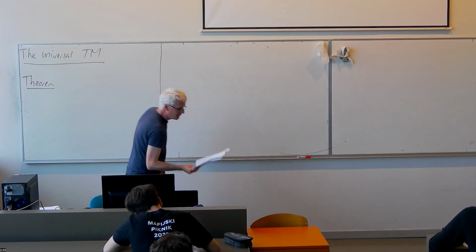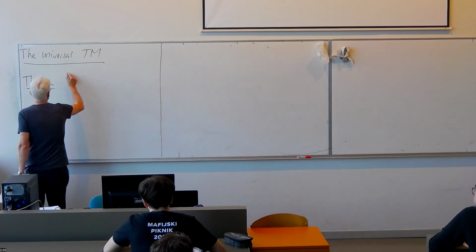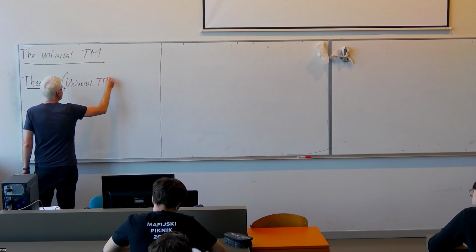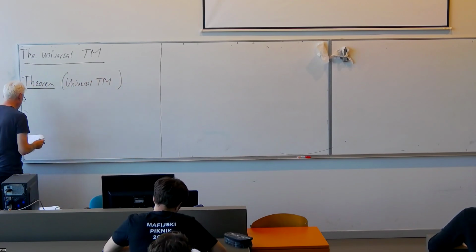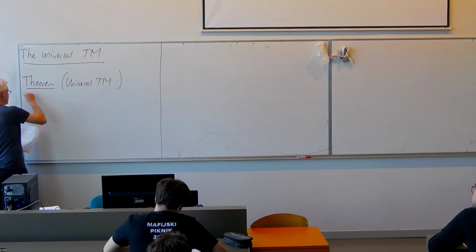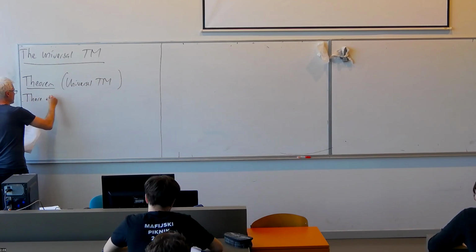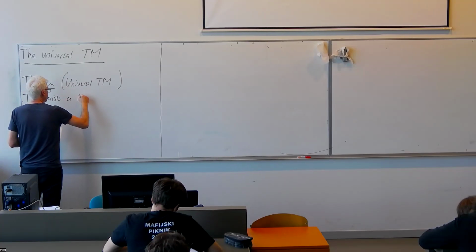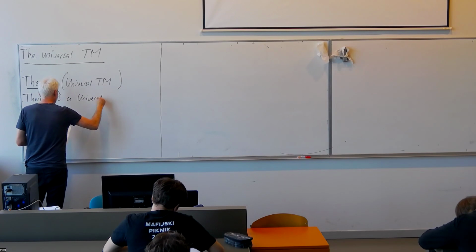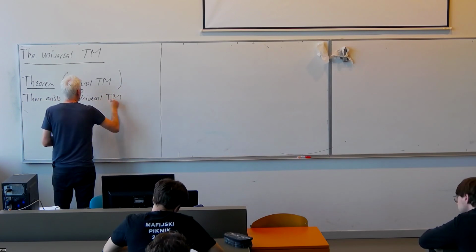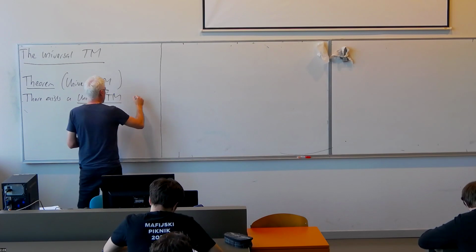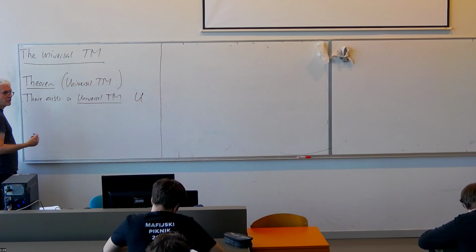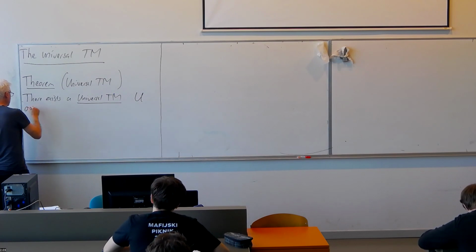Let's call it the universal Turing machine theorem. It simply says there exists a universal Turing machine, which we'll call U because it's universal. Our universal Turing machine is going to be defined over a particular tape alphabet.